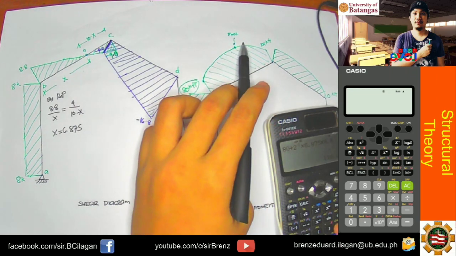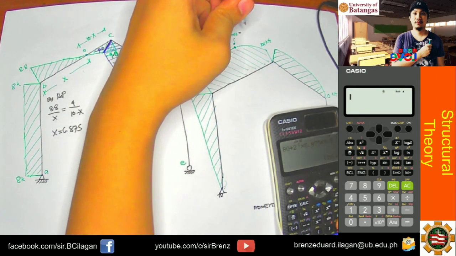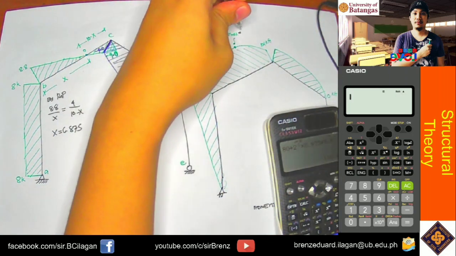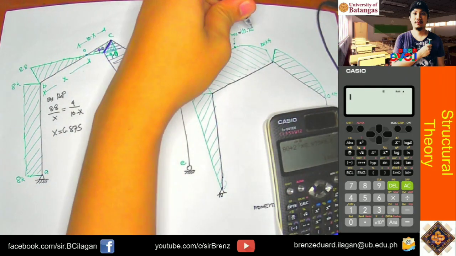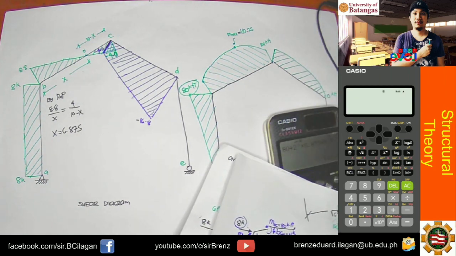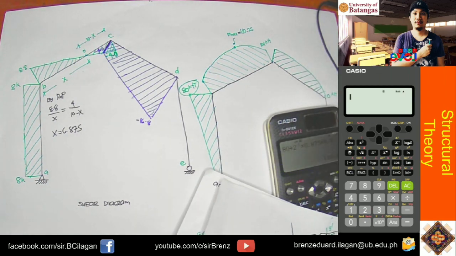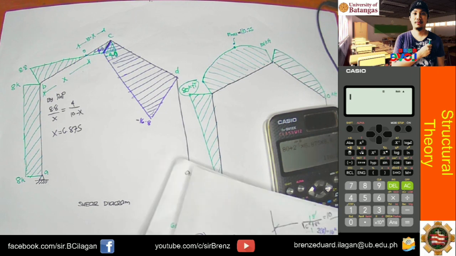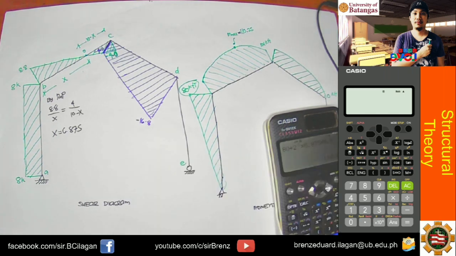So the value of this is equivalent to 110.25. Okay? So check lang natin sa binigay ni Sir Jake na module. Ayun, 110.25. So, tama naman.